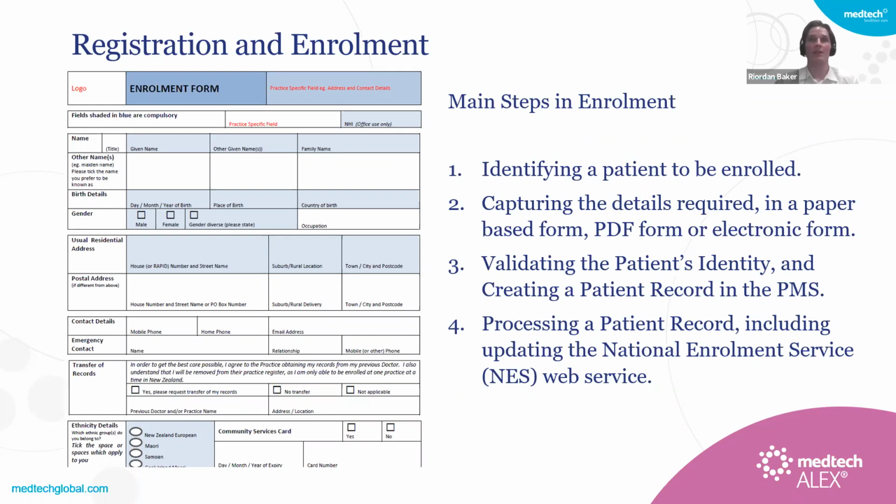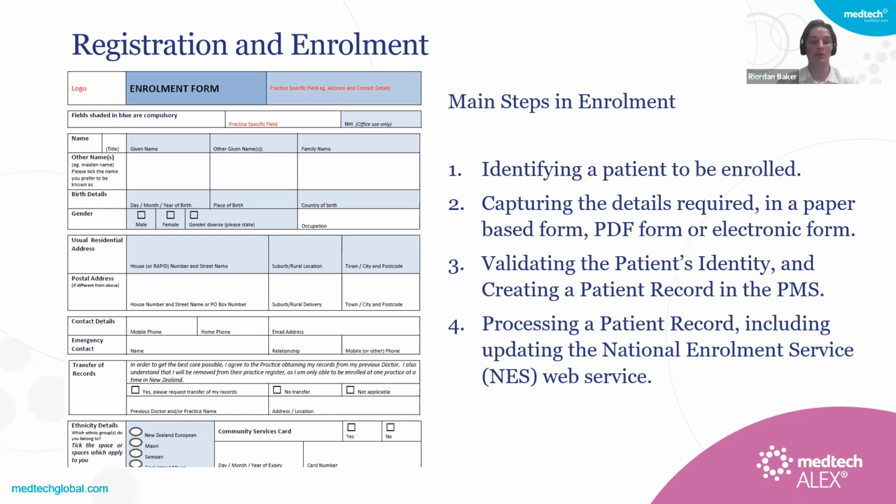So the main steps in the enrolment process are identifying patients who are required to be enrolled when they're coming through your doors, capturing details in a paper-based form or electronic form, whether it's a PDF or a web form that you've built into your practice website, validating the patient's identity and creating a record of the patient with all of their information into the PMS application.